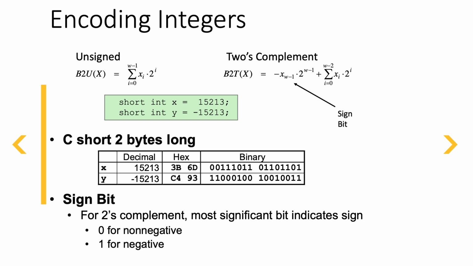Now, 2's complement works pretty much the same way, except instead of going from i equals 0 up to w minus 1, we sum from i equals 0 up to w minus 2. That leaves the most significant bit, because in 2's complement that's the sign bit.